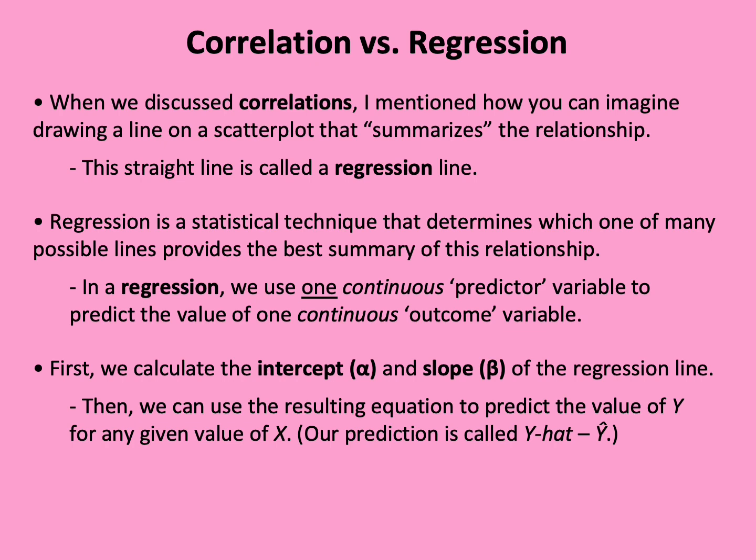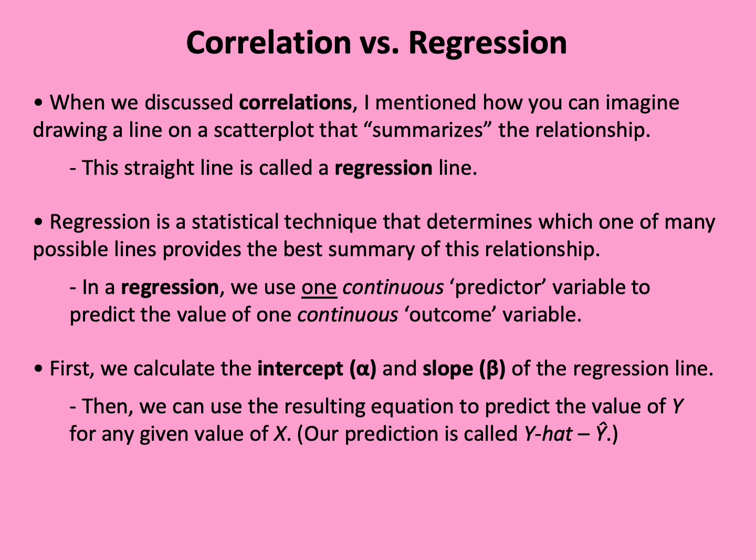To calculate this best fitting line and to give ourselves an equation that allows us to estimate y given x, we utilize two calculations in particular. One is denoted with the Greek letter alpha, and that refers to the intercept.